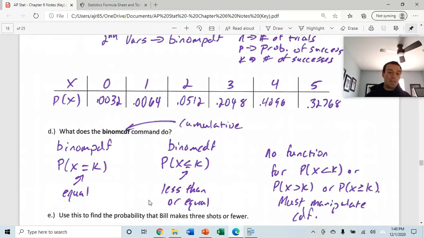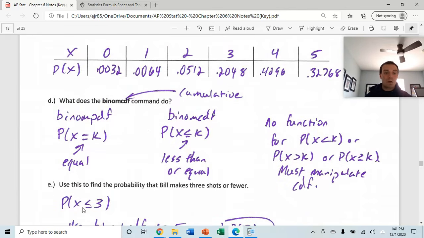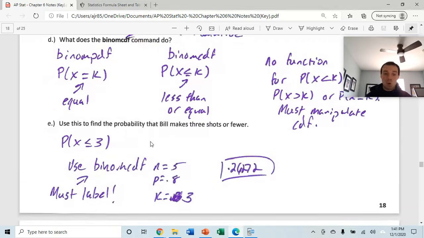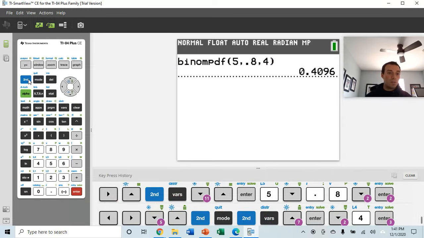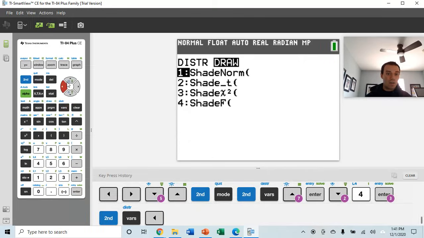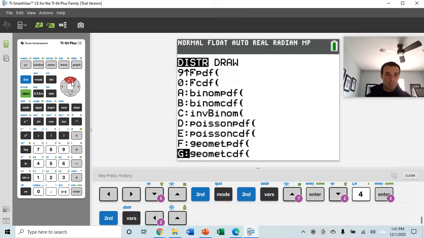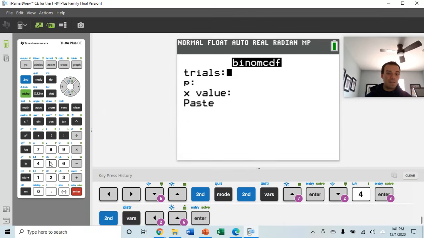So use the probability to find that Bill makes 3 or fewer shots. So we're finding the probability that X is less than or equal to 3. Now I could just use my table here and add those up, or I can use the CDF command on my calculator. So I'm going to go to second and vars, over to binomial CDF. My trials are 5.